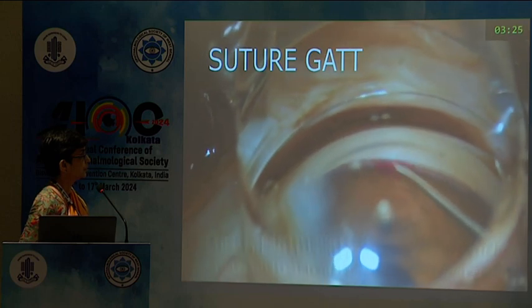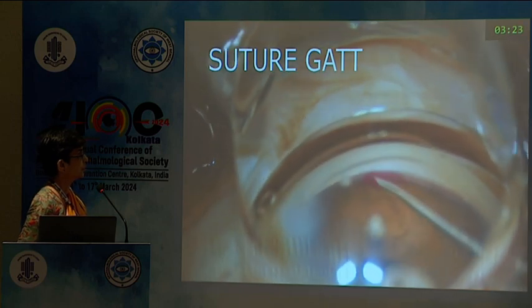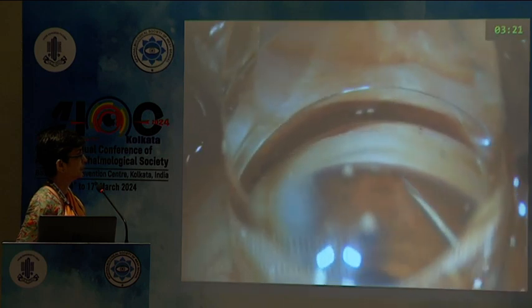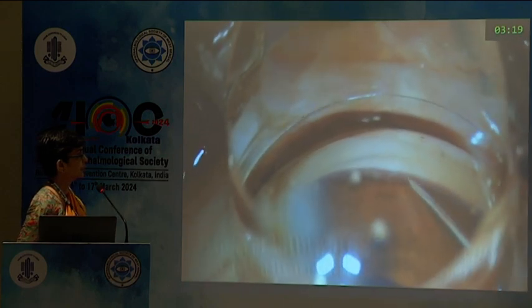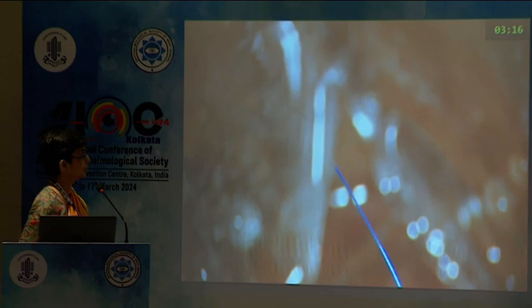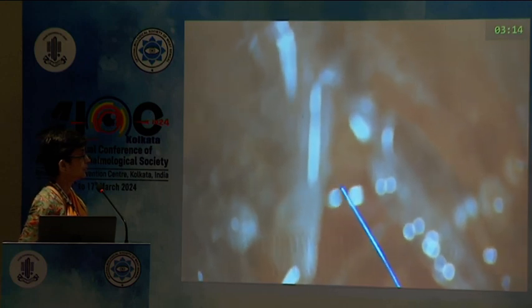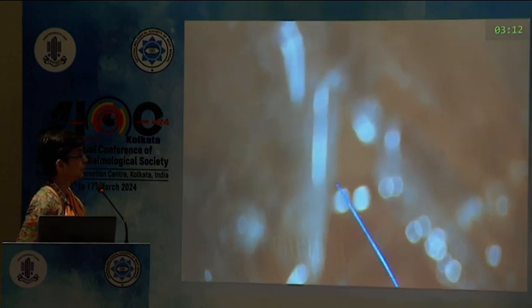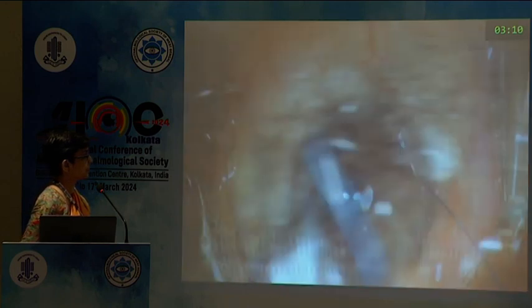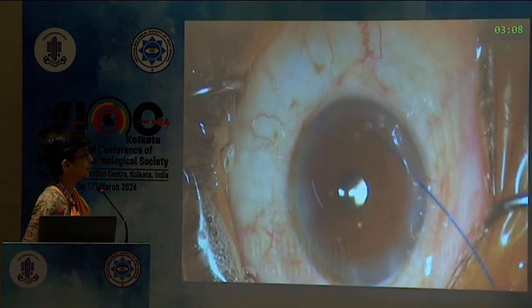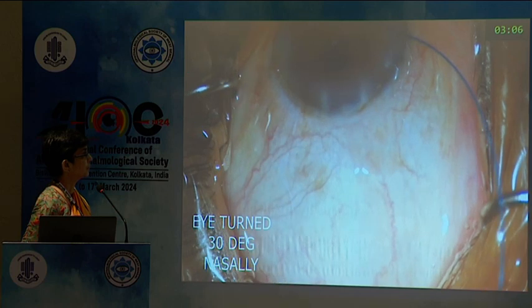The gonio lens is positioned. A 25 gauge MVR blade is used to nick open the Schlemm's canal. Heat cautery is used to blunt the proline tip into a mushroom. It is then introduced through the side port towards the nasal angle.